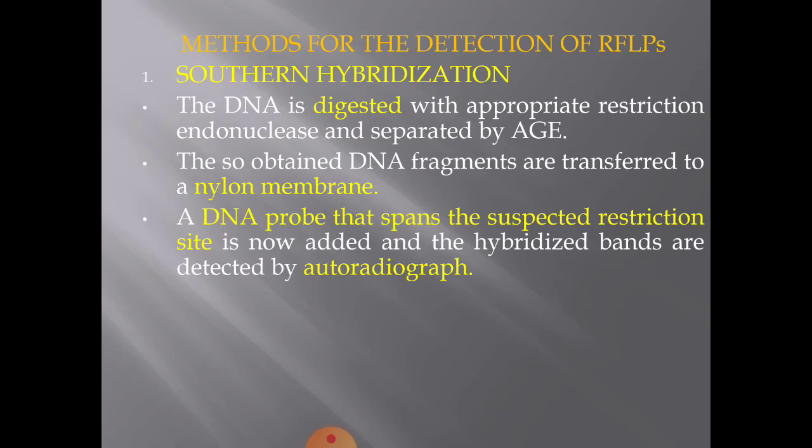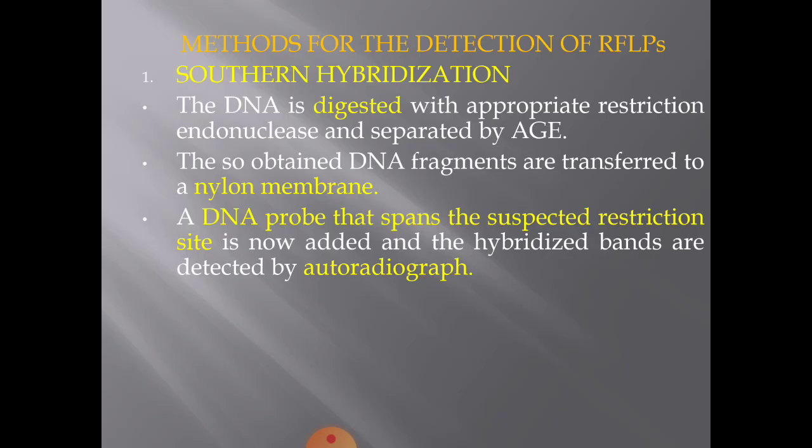So what you will do, you will take the DNA, digest it with appropriate restriction endonuclease, and then you will subject it to agarose gel electrophoresis. You will get so many DNA fragments that you will transfer to a nylon membrane. And then you will add a probe that spans the suspected restriction site.